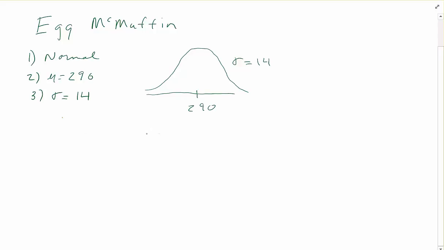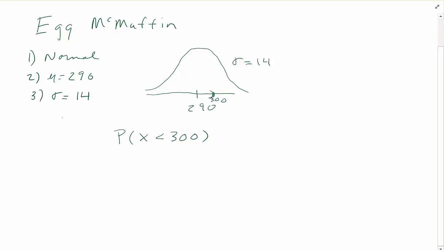And the question is, what is the probability that a particular serving contains fewer than 300 calories? Now, with the standard deviation of 14, the fact that 300 is 10 units from 290, I'm going to say 300 is probably about right in there somewhere.